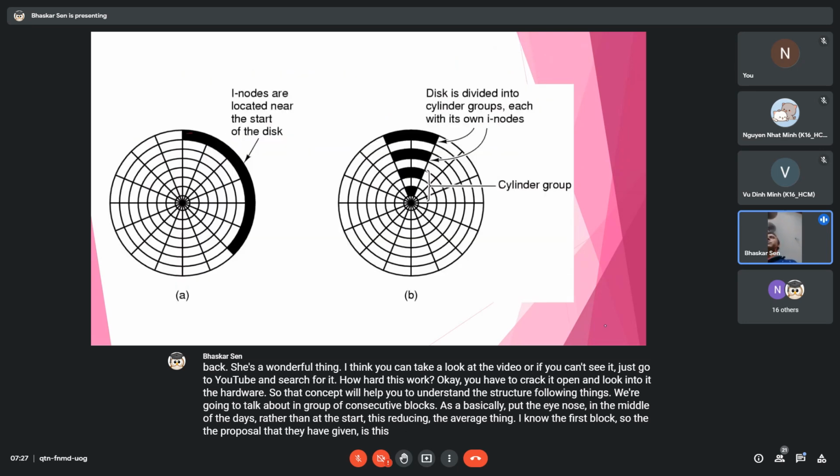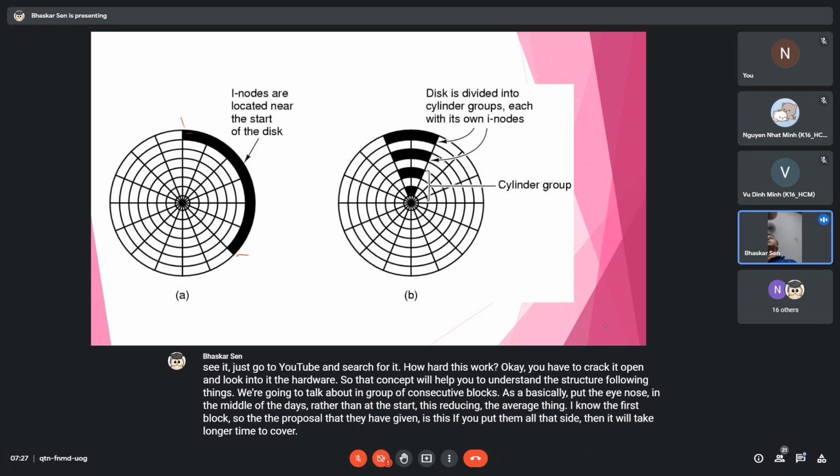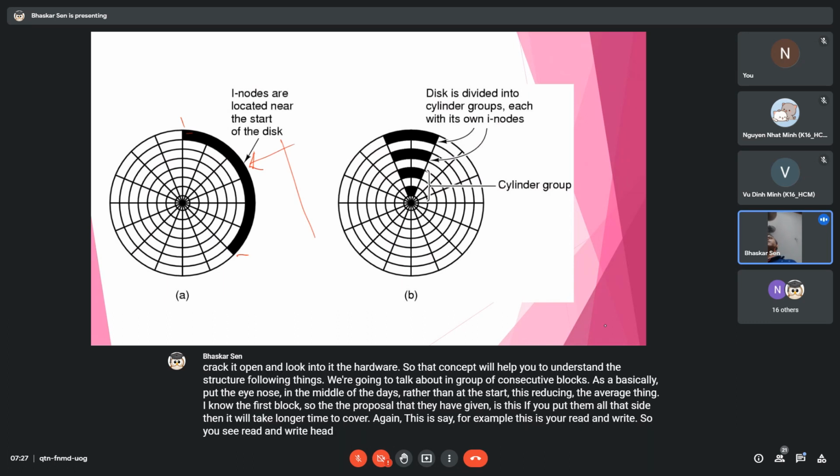If you put them all on that side, then it will take a longer time to cover. Again, say, for example, this is your read and write head. So you see, read and write head will have to wait for a long time.